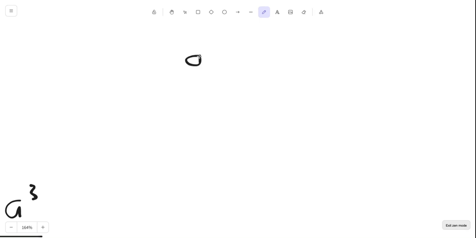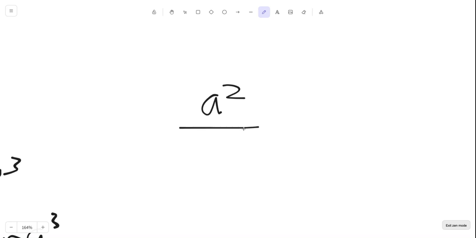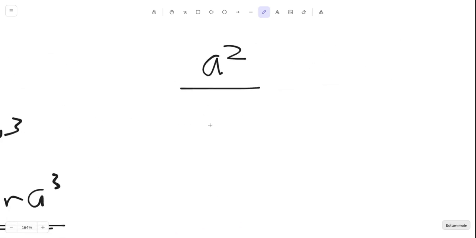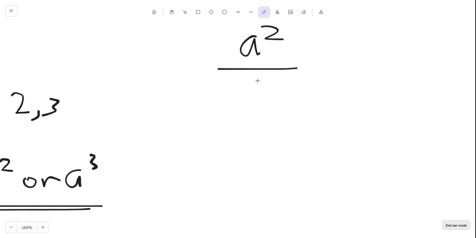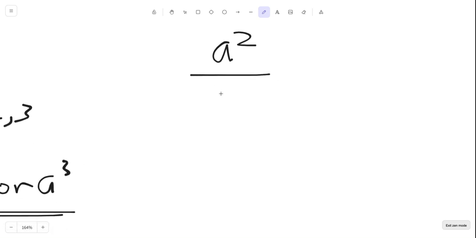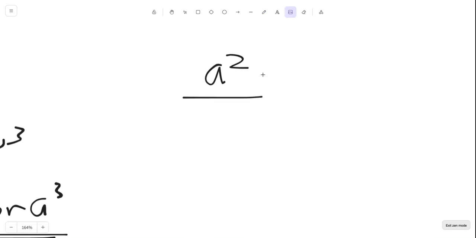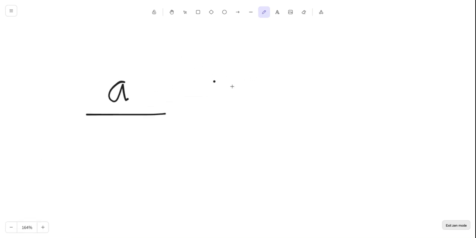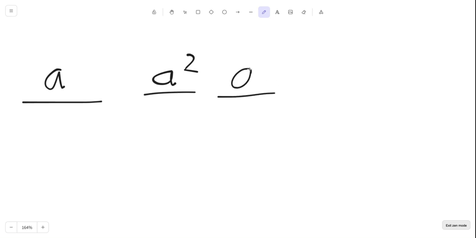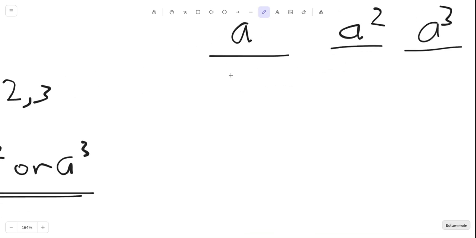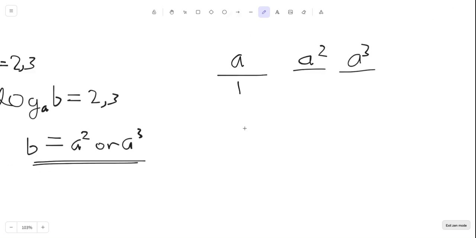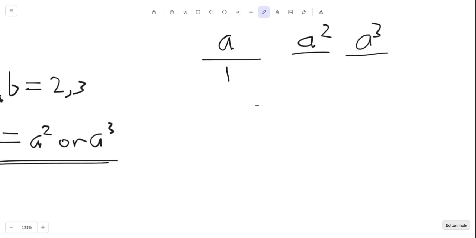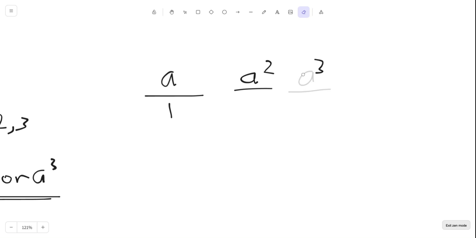So, okay, squares. First a squared. We're going to let b equal a squared. So we can let a be 1. So I'm going to put this later.